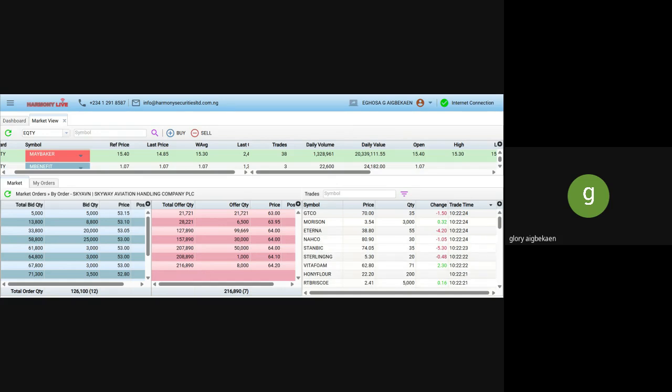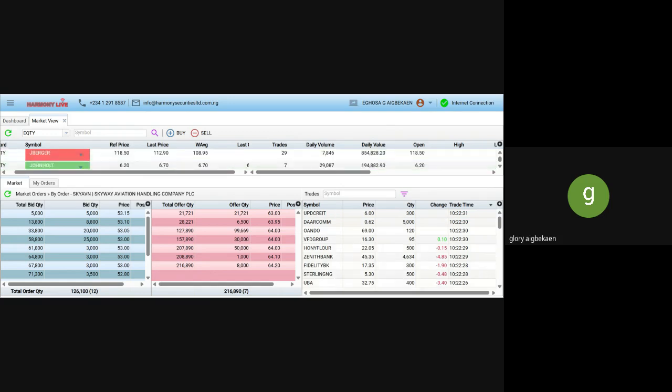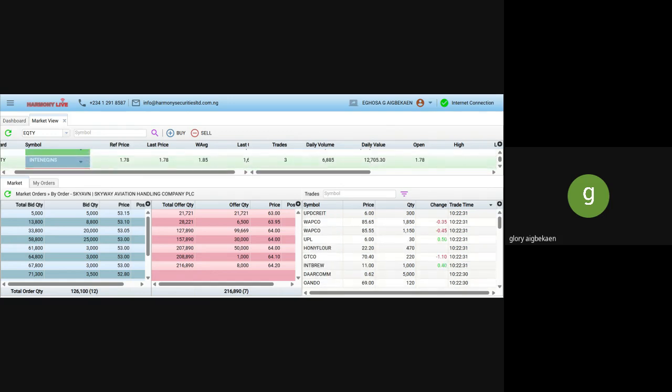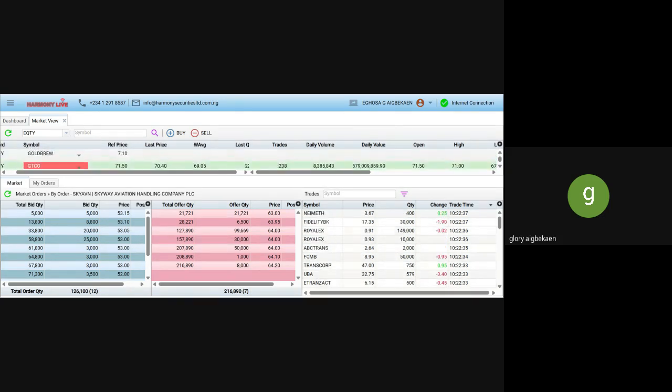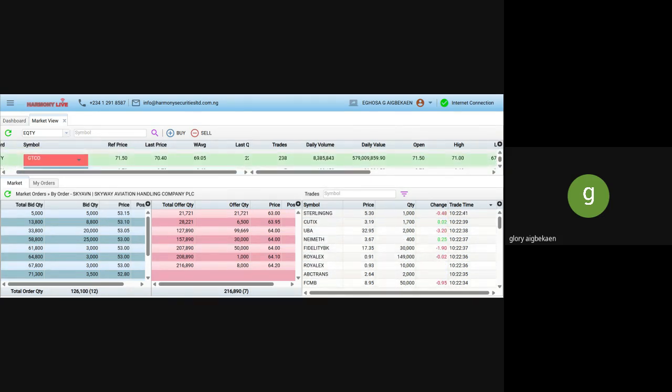Assuming you have logged in to your platform and you are interested in buying some stock, just to demonstrate, assuming you are interested in buying GTCO, that's GTB, how do you go about it?